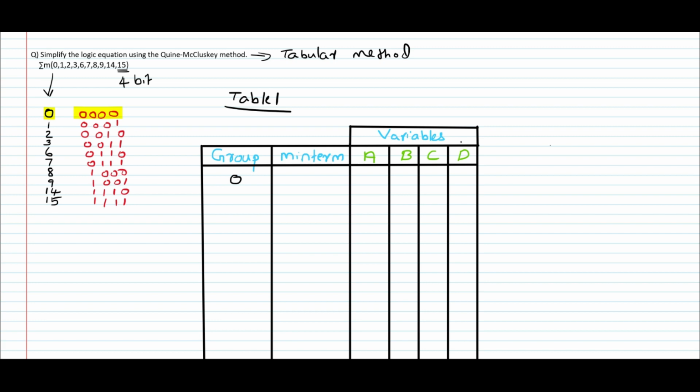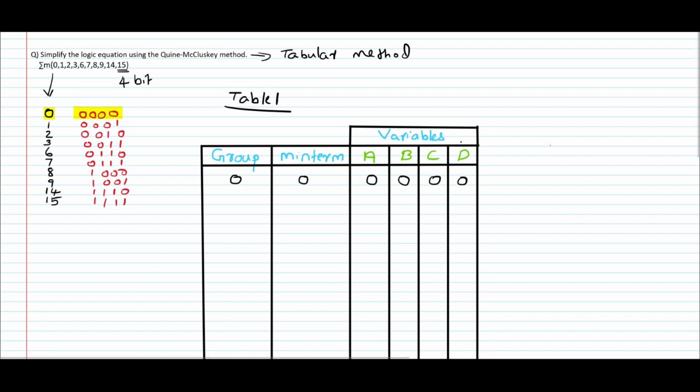All we have is 4 zeros. So group 0 means there is no 1 present in the binary representation. So group 0 has only one min term, that is 0, and in the binary representation we can write it as 0, 0, 0, 0.